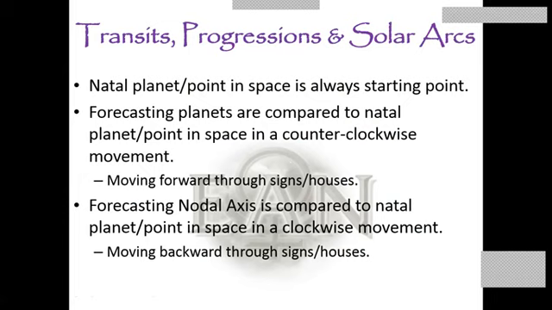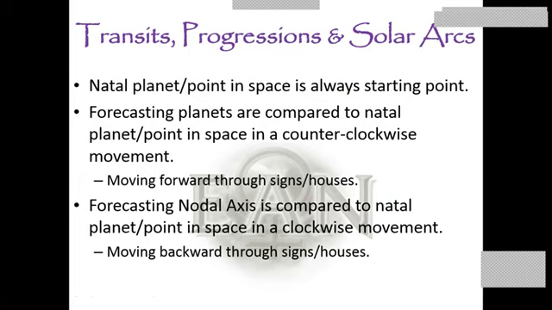Exceptions are the progressed moon, which moves too fast, and sometimes Mercury and Venus, when they're moving full speed ahead by progression, they won't have that long of an influence. And so we always consider the natal planet or the natal point in space, like the node or the ascendant, the starting point.